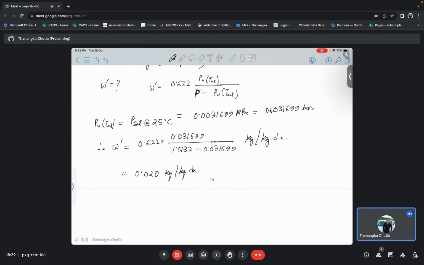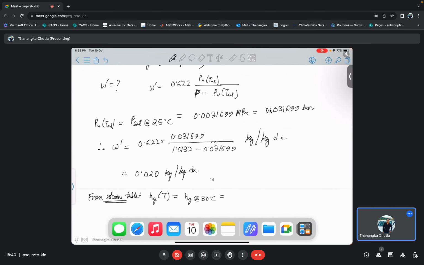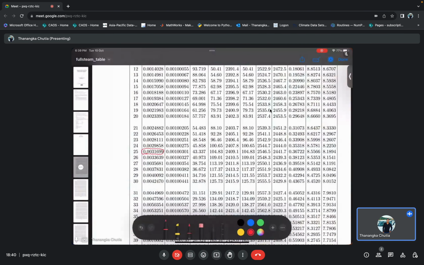Now from the steam table again, Hg at the temperature T, that is Hg at 30 degrees Celsius. So you will again go to your 30 degrees Celsius.